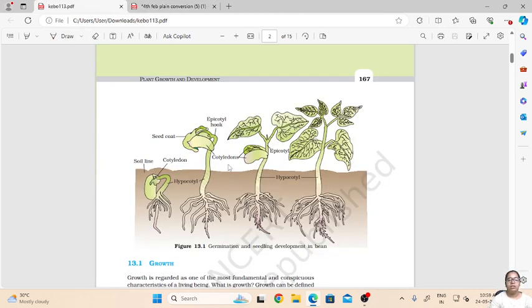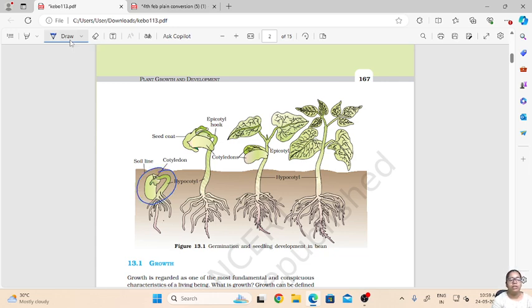Now these are the phases of growth in plants. So we know that these are the seeds in the plants. So this is the seed. So the plant grows from germination. So this is the seed which has germinated.